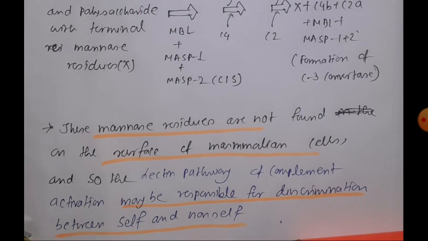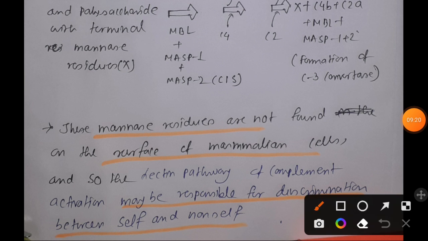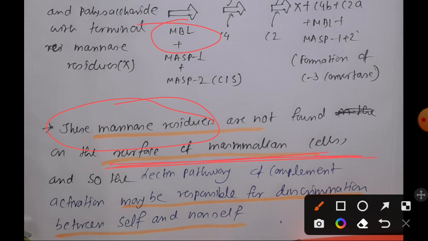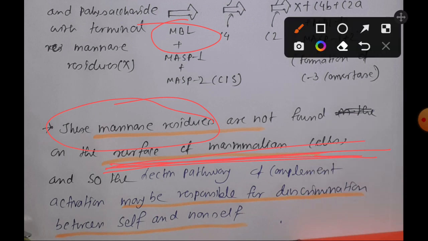Now, another important thing: terminal mannose residues, whose presence is important for the binding of lectin and for the activation of the lectin pathway, are not present on the surface of mammalian cells. And that is why the lectin pathway of complement activation may be responsible for discrimination between self and non-self.